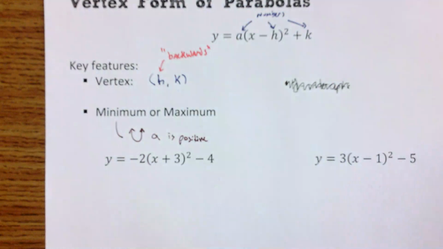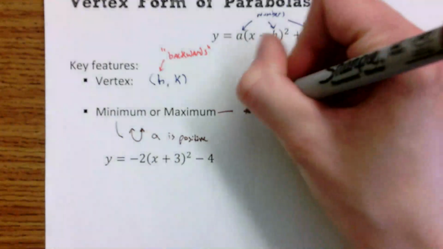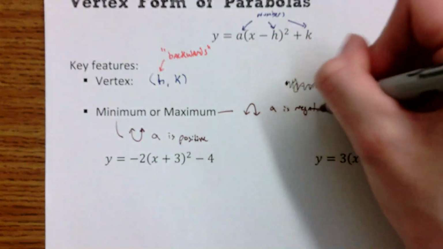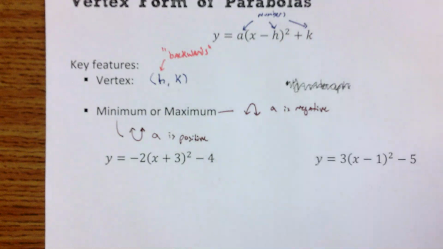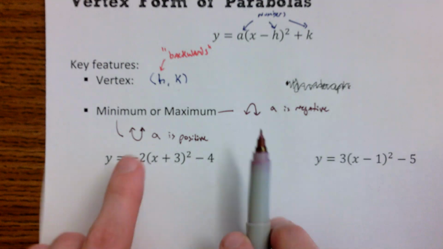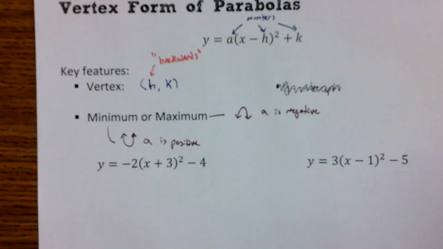That's when you're going to have a minimum. And you're going to have a maximum when your graph looks like this, anytime A is negative. Now, how big of a number A is also makes a difference on how your parabola looks. But for right now, we don't really care about that part. This is all that I want you to be able to tell, if it's going to open this way or if it's going to open this way.